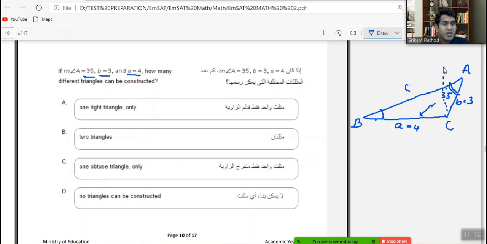If you draw it straight, then this angle will definitely be greater than 35, so to satisfy the condition they give, I should not draw it straight. So this is how we are going to draw.